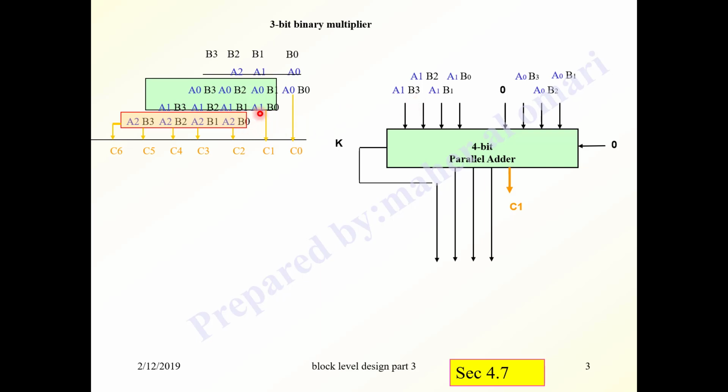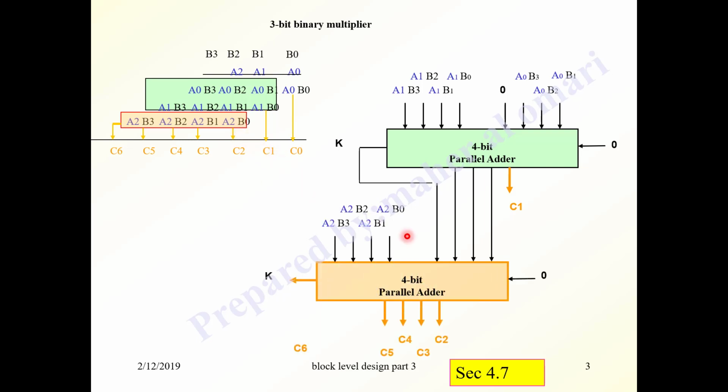Now, the output C1 is alone here. The output from this parallel adder is taken here to the input of the second parallel adder, like so. Okay? And then the output here is taken as an input to the second one, and the third output, and the carry here, which comes out of this, is the last bit to be added for this number here.